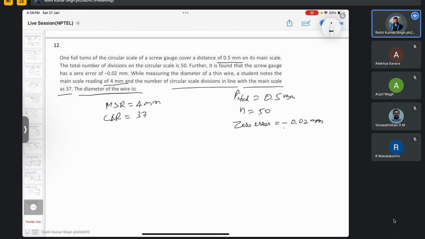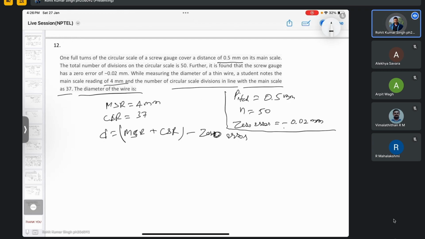Diameter is main scale reading plus circular scale reading minus zero error. Always remember, we always subtract the zero error from whatever we are measuring.